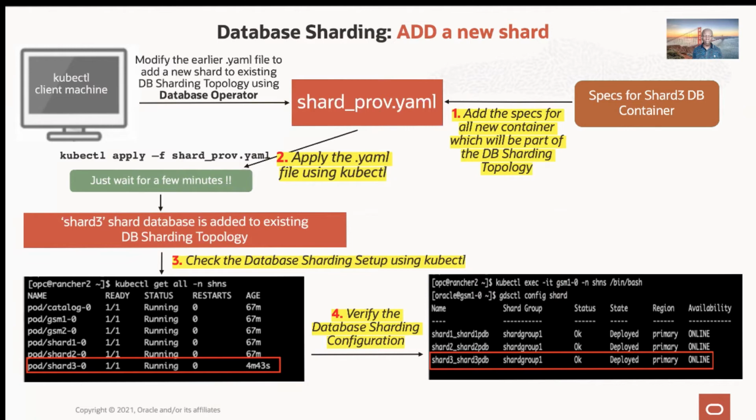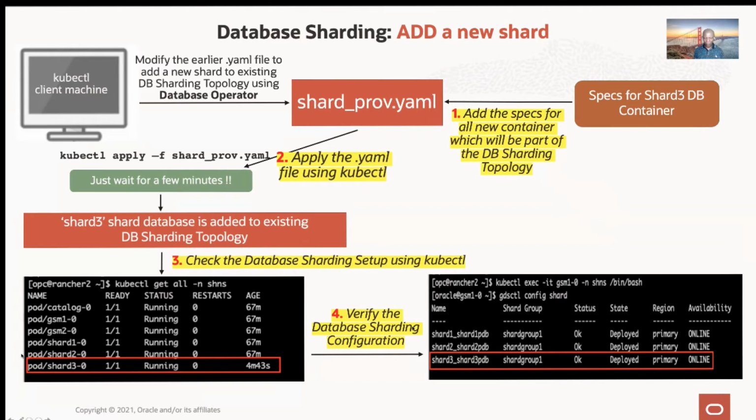And then after a moment, you should see that shard 3 is added to the existing database shard topology. And when you verify the database configuration outside of kubectl, here we are using the gdsctl command, which is specific to the sharded database. We can see that we have 3 shards, and these are all part of shard group 1.